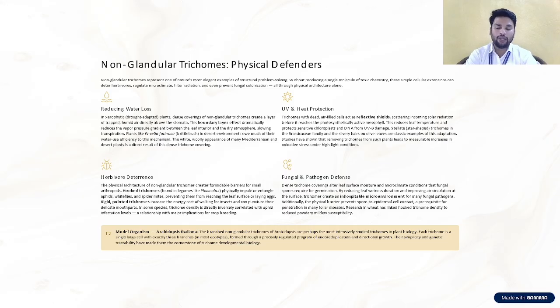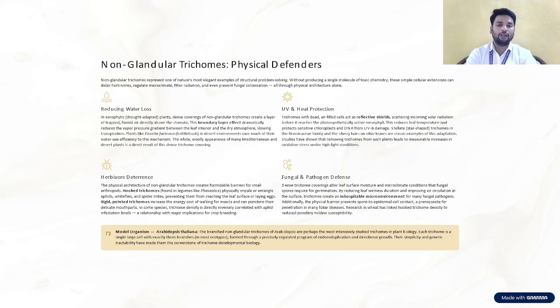Rigid, pointed trichomes increase the energy cost of walking for insects and can puncture their delicate mouth parts in some species. So trichome density is inversely correlated with aphid infestation levels, a relationship with major implications for crop breeding.